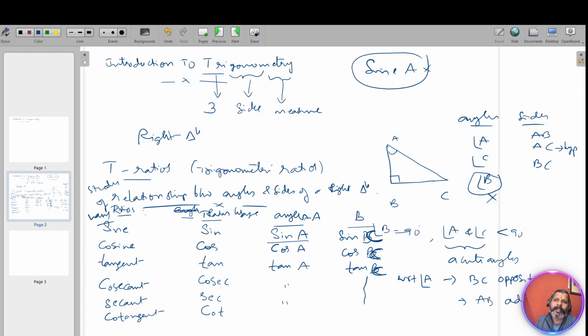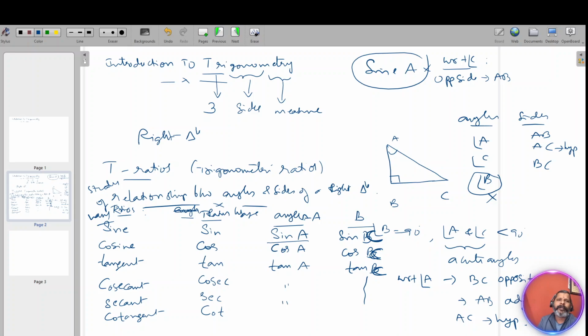AB is the adjacent side. AC is always, no matter the angle, the hypotenuse. Understood? Now with respect to angle C, which is the opposite side?